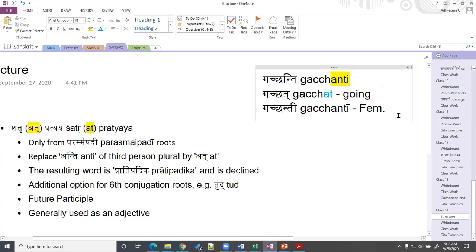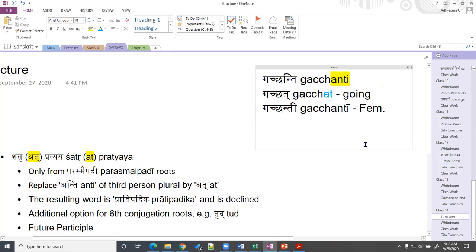If I take a root, say, of the 6th conjugation or 6th class, for example tud, tud means to strike, to beat.